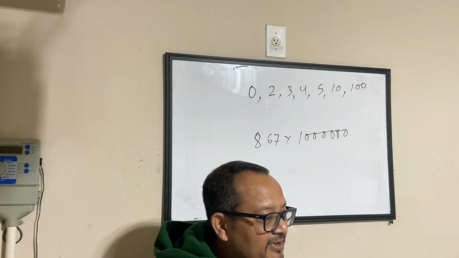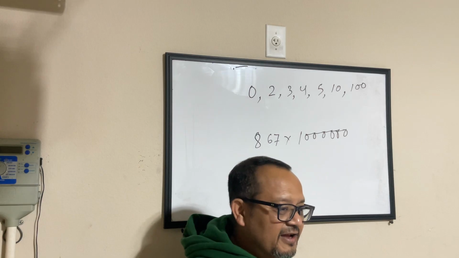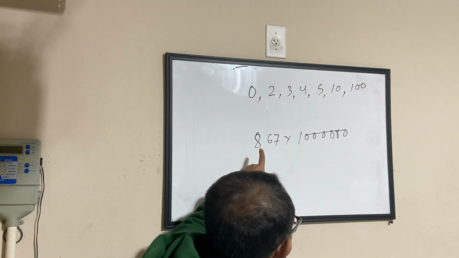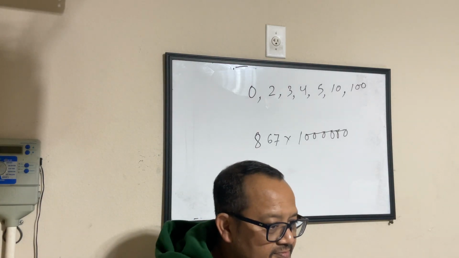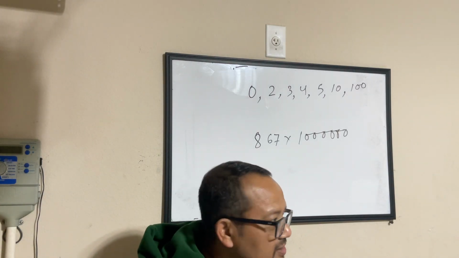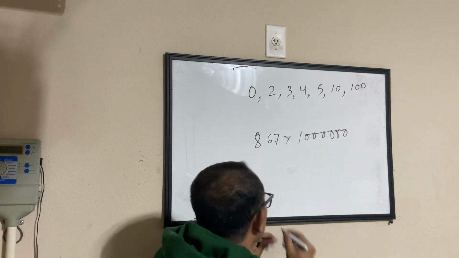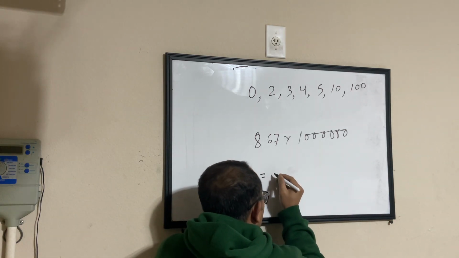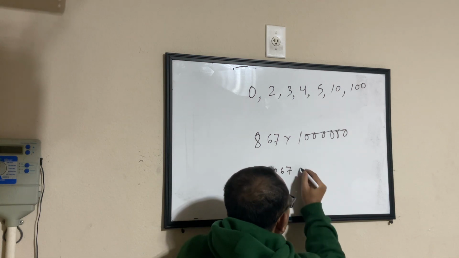What did I say? 867 multiplied by this. I think the answer is 867,000,000,000. I don't know how to say the number. Say it one more time. 867, then how many zeros? 6 zeros.